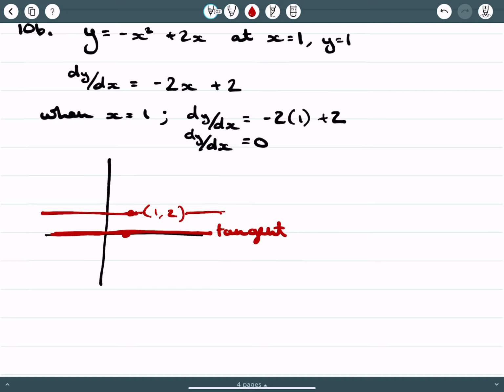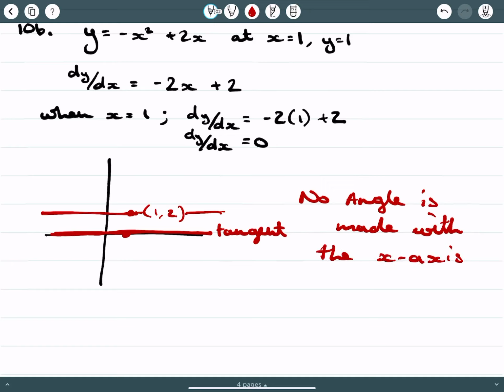And what we can say is that because it's at that point, no angle is made with the x-axis, because they're running parallel. That's an interesting kind of question to consider, and maybe something that is a bit of an anomaly with most of the questions that you would do in this respect.